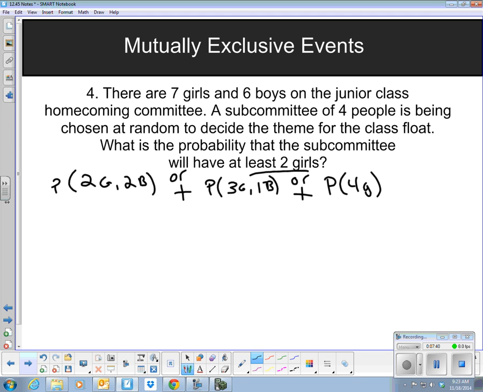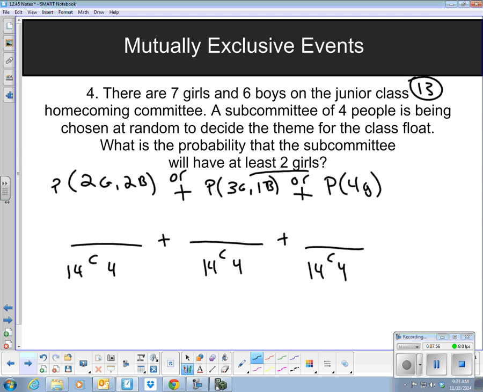So now how do I figure out the probability? Well, there's 13 people total, 7 girls and 6 boys. So my denominator is: out of 14 people, I'm choosing 4. Each situation, I'm taking 4 people out of a total 14. Girls and boys is a little bit different.